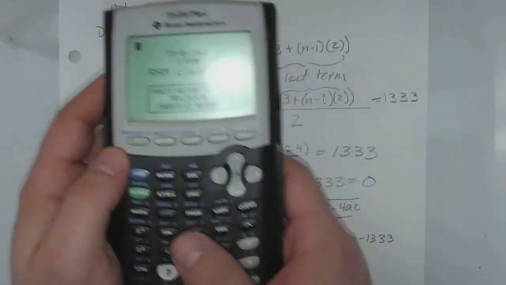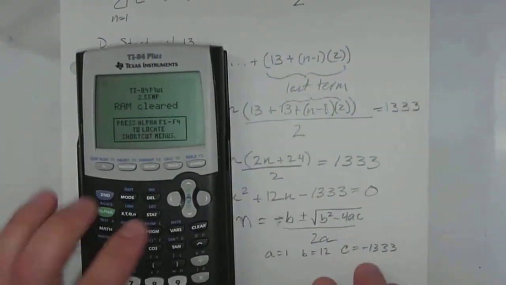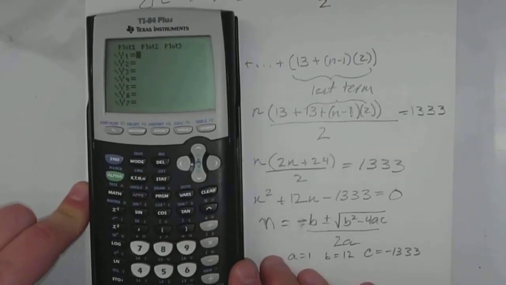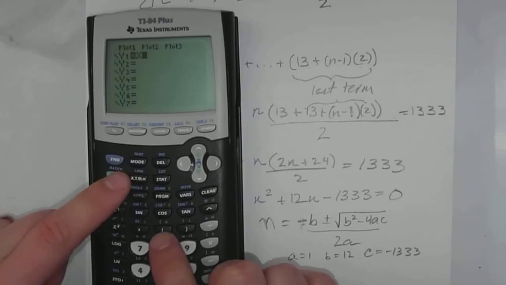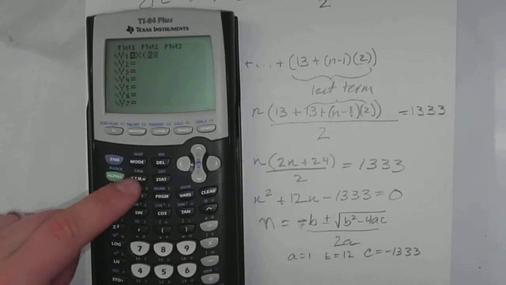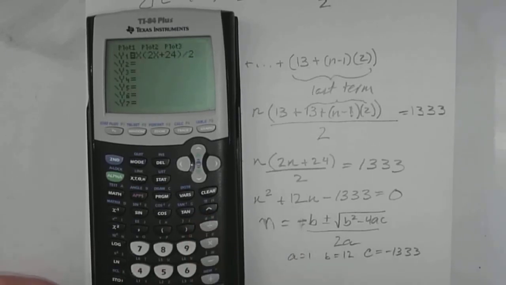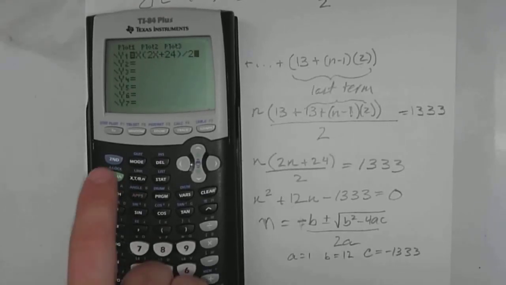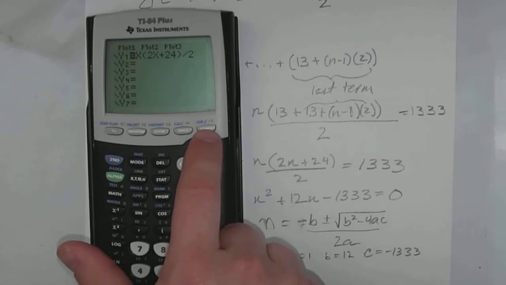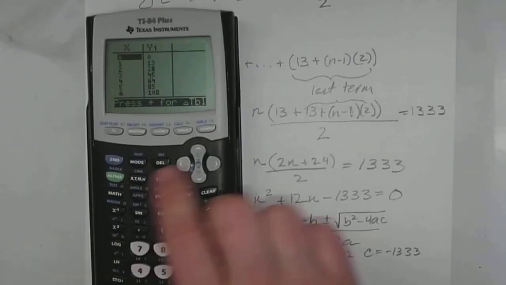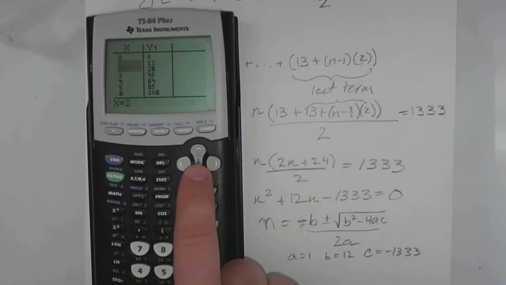And so what I'm going to do is I'm going to go to my y equals, which is the top button here, and I'm going to type in the left-hand side here, x times 2x plus 24, and then I'm going to divide that by 2. I don't need to write in the 1,333. I'm going to use the table function to determine that.